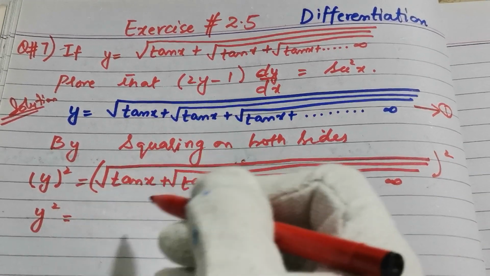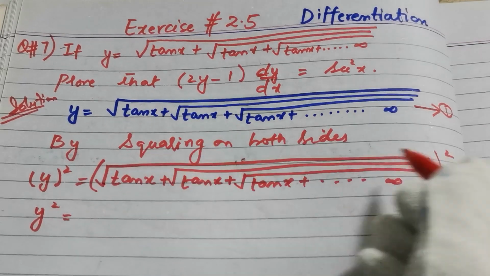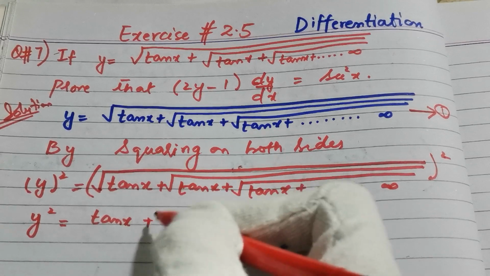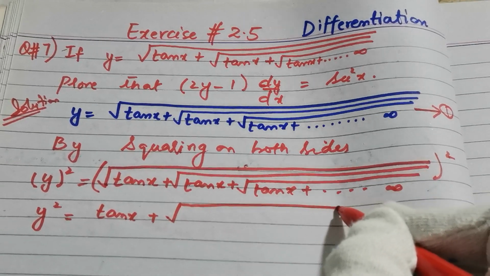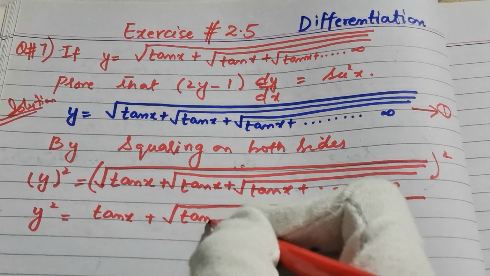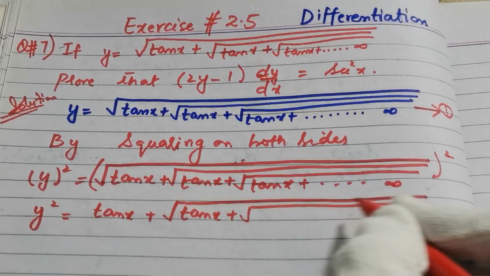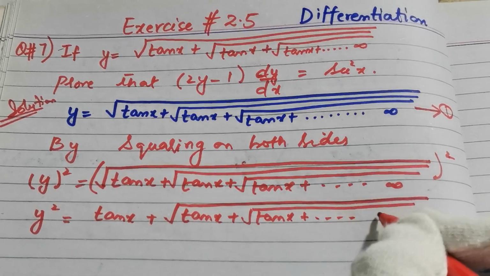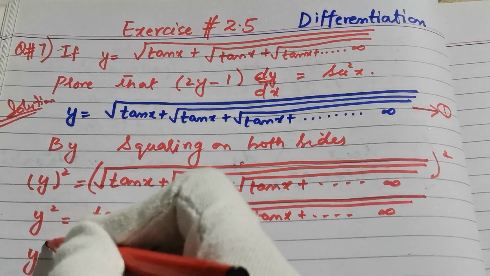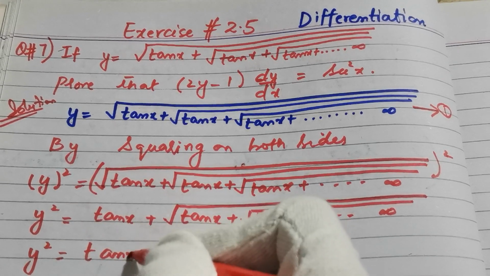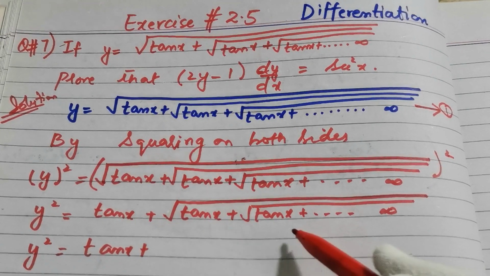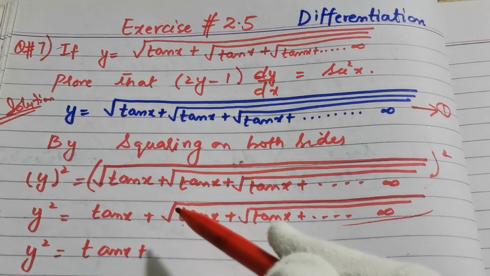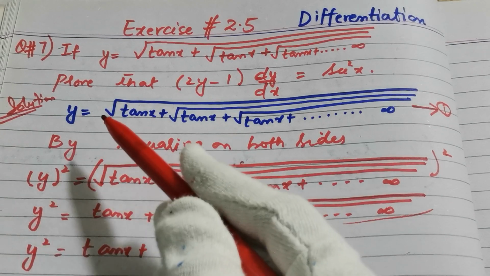y square is equal to this under root and this square cancel each other. What is left? tan x plus the remaining under root as it is, tan x plus under root tan x plus up to so on infinity. y square is equal to tan x plus this whole term, and this whole term is equal to y.